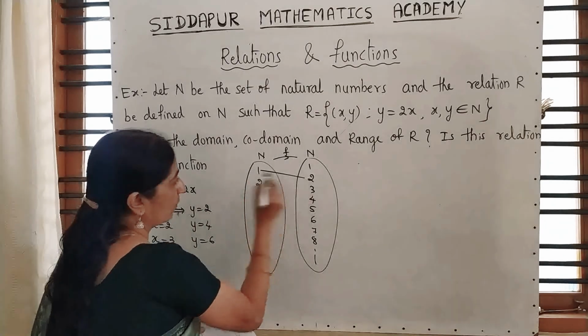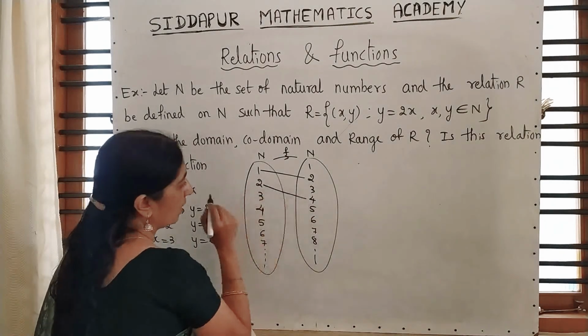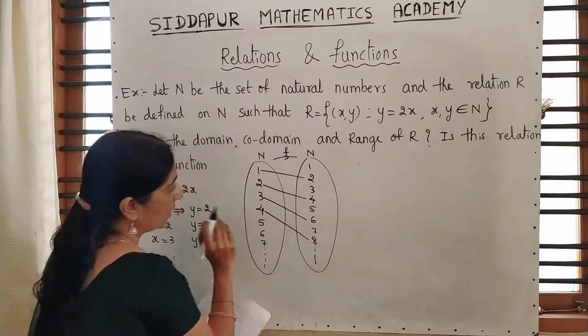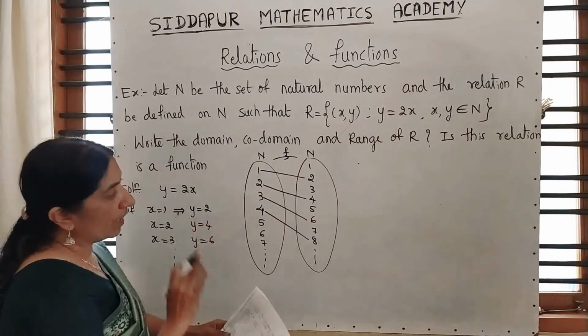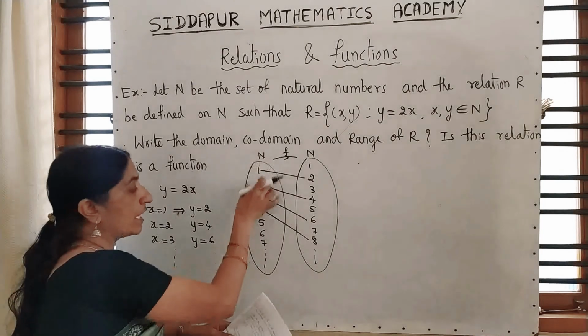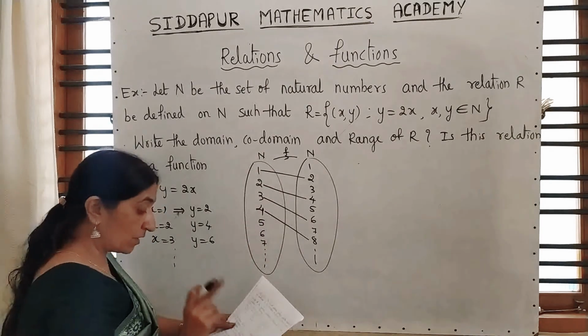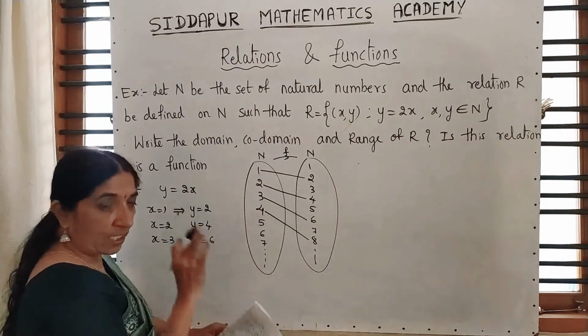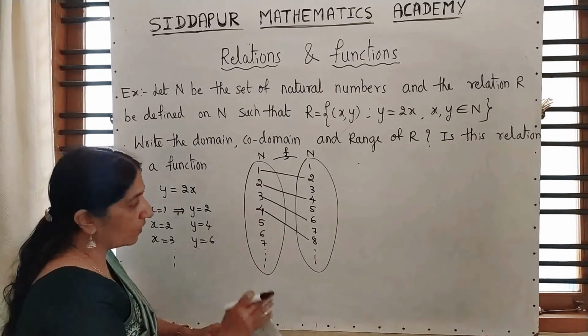If x is 1, y is 2, x is 2, y is 4, x is 3, y is 6, x is 4, y is 8. It goes on continuing. And what you are observing, every element in the first set is connected with only one element. Then is it a function or not? Yes, it is a function.